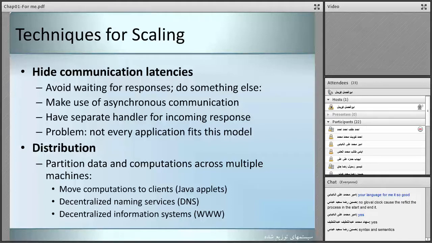Instead of this operation, it can be checked on your computer by JavaScript code. After you fill the form and you click on submit, before sending the form to the server, your form is being checked on your computer in terms of correctness of the form. For example, email address structure.